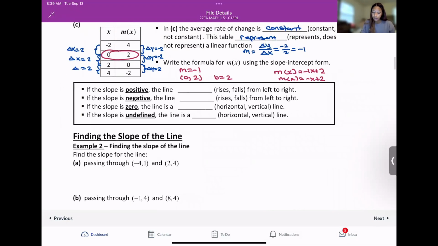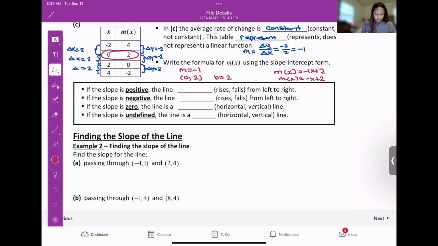All right, here we go. So let's see. If the slope is positive, the line is going to be an increasing line, so it's going to rise from left to right. All right, if the slope is negative, the line falls from left to right.